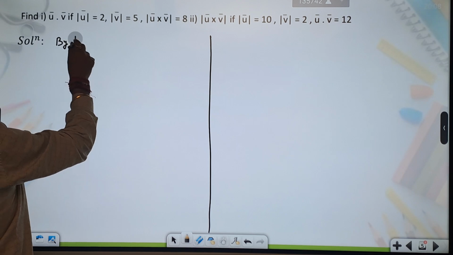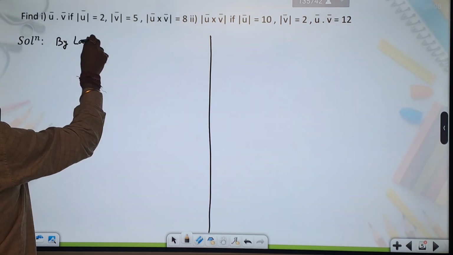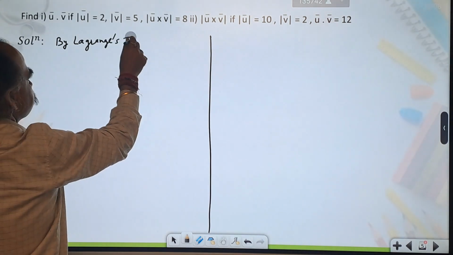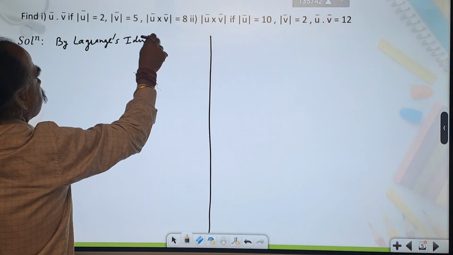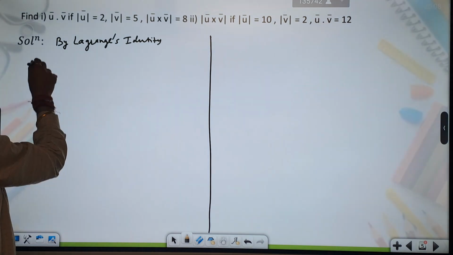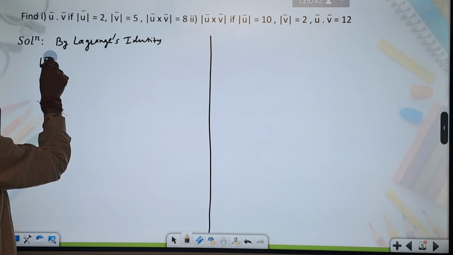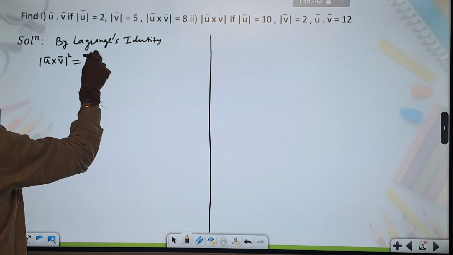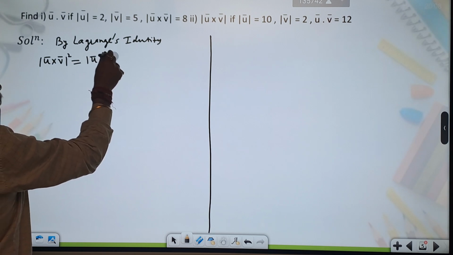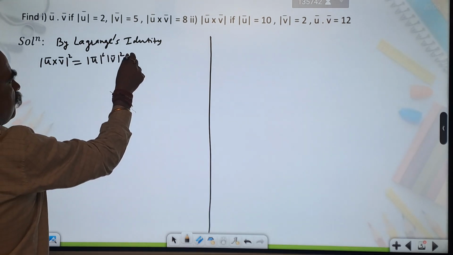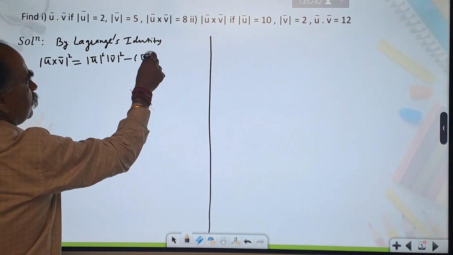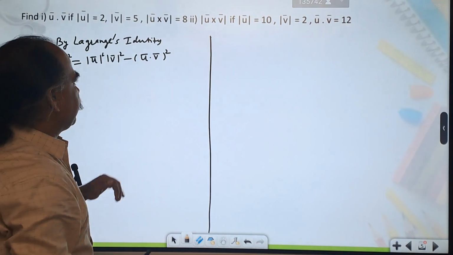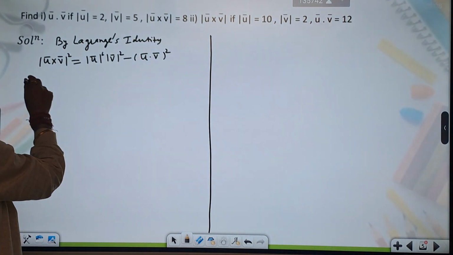By Lagrange identity, mod u cross v square is mod u square into mod v square minus u dot v square. Our aim is to find u dot v. Bring this on this side.